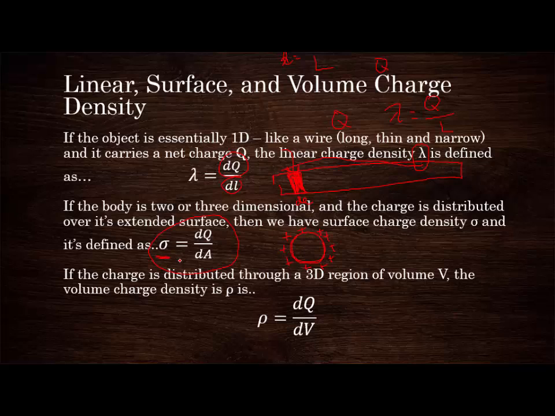This is lowercase sigma, and it means surface charge density, and that is dq over dA. Again, depending on what surface area we are looking at, it tells how much charge is present on that particular chunk of surface area. If we're looking at the whole sphere, then it's the whole charge over the whole area. And then the last thing we can discuss is volume.